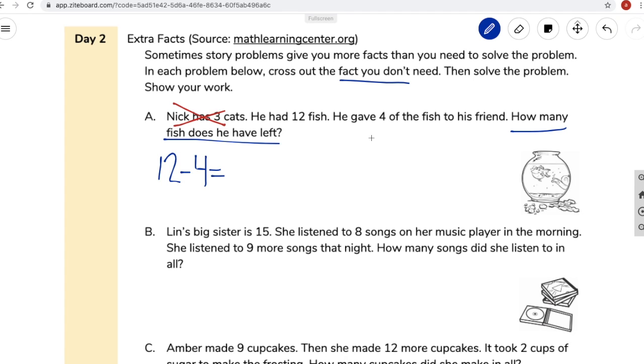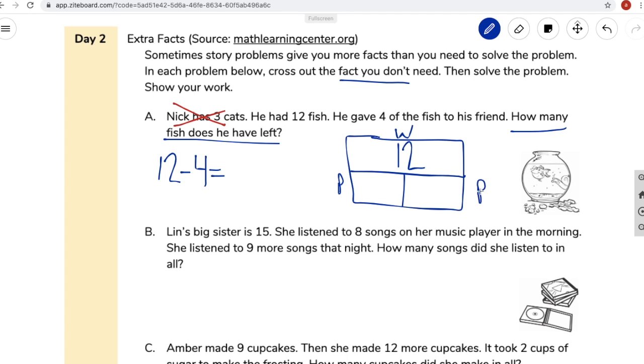Or we could do our whole part chart. And we know that he had 12 fish altogether, right? And he gave away 4. So we know that when we have a whole and a part, we subtract.